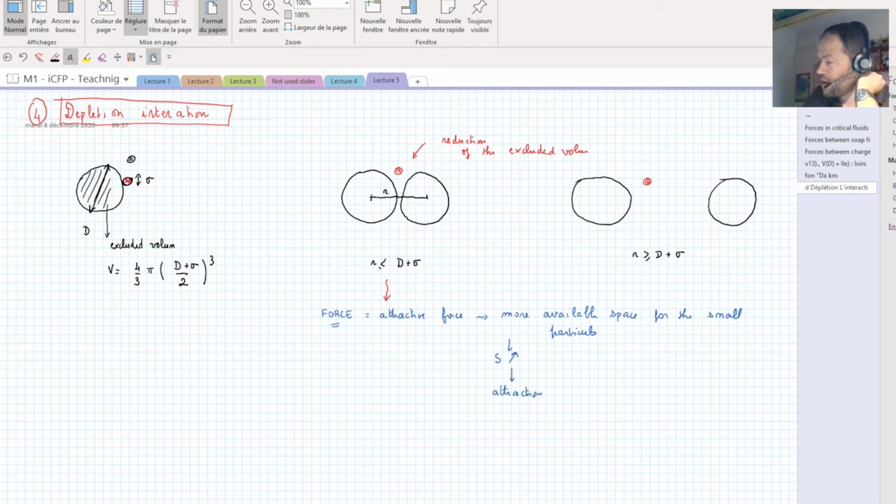Another way of seeing that is to say, well, since in between the particles, the concentration of small particle, let's say rho, is smaller, because they cannot enter it, you will have an osmosis force that pushes the big particles on each other.